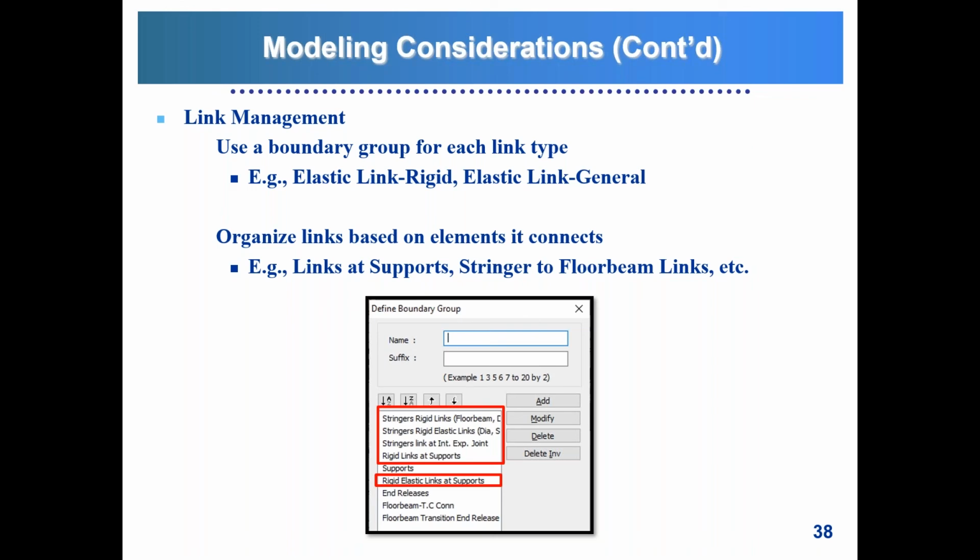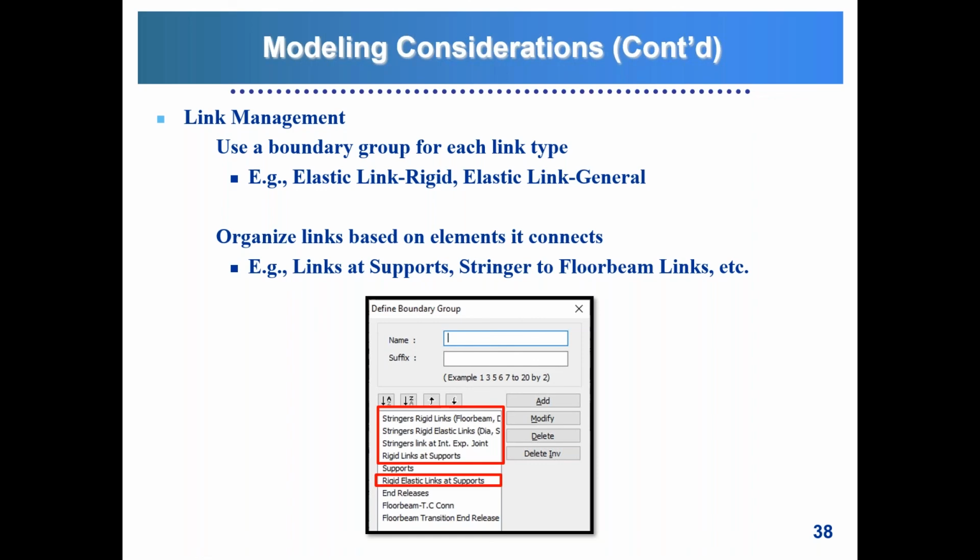And what helps a lot is to name those boundary groups or those links with something that is descriptive of what they are connecting. For example, here we have stringers, rigid links. I know that all the links assigned to this are rigid links, and they are connecting stringers.